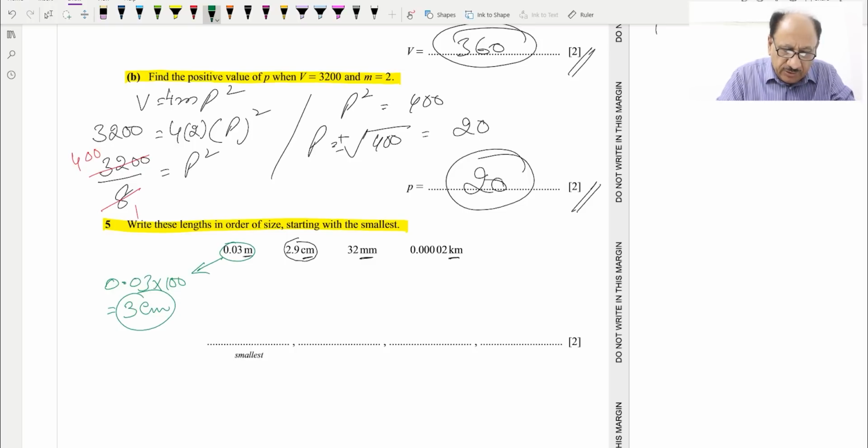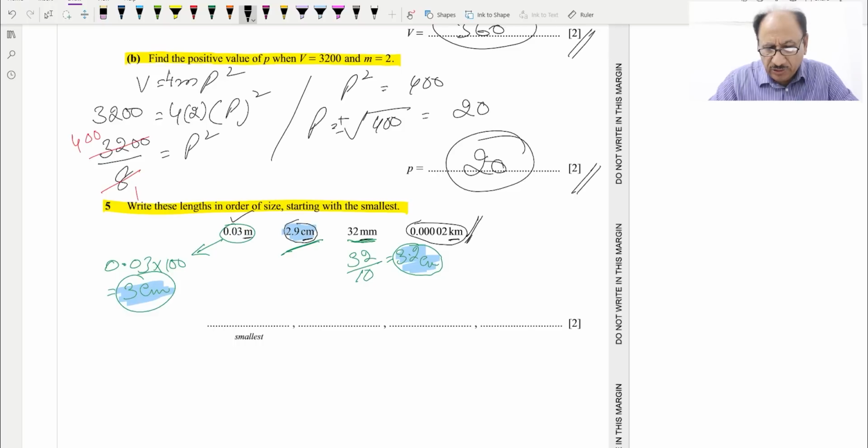Now 2.9, this one is already in centimeters, so we will not be disturbing this. And 32 millimeters, 32 divided by 10, because there are 10 millimeters in 1 centimeter, so we'll be dividing this, so it will be 3.2 centimeters. This one also.